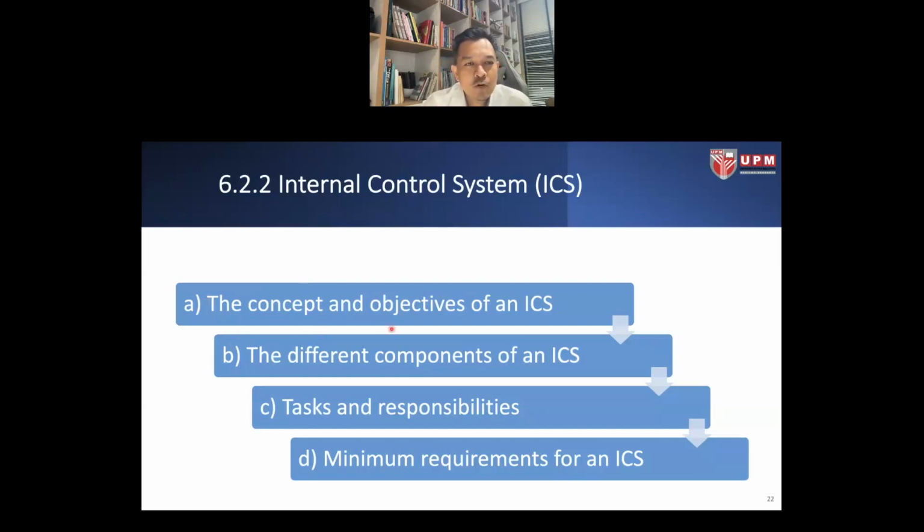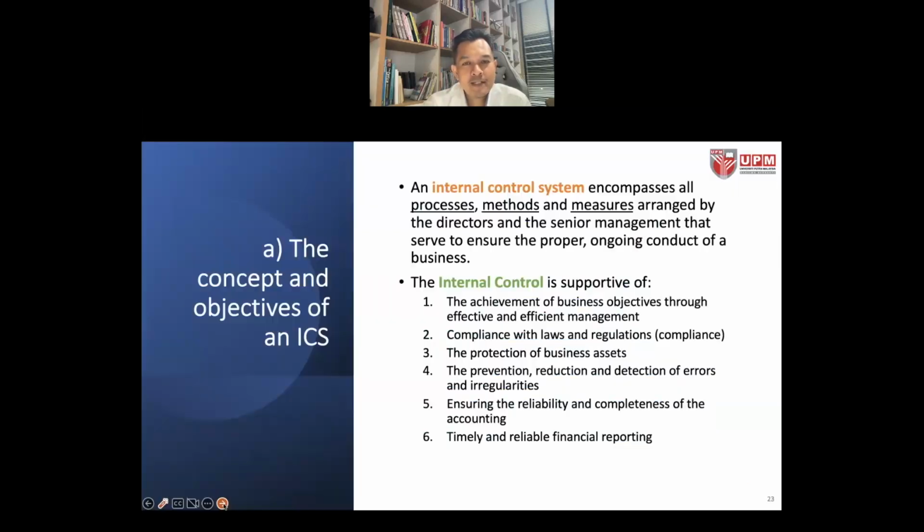The first is to look at the concept and objective of an internal control system, and then the different components of ICS, tasks and responsibilities, and finally the minimum requirement for an ICS. All right, the concept and objective of an internal control system.